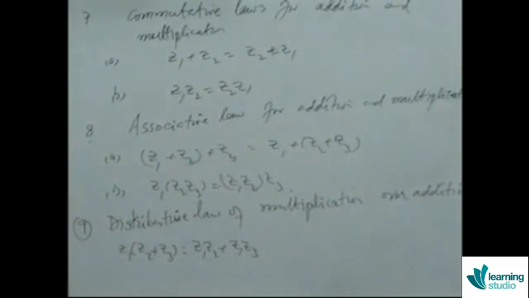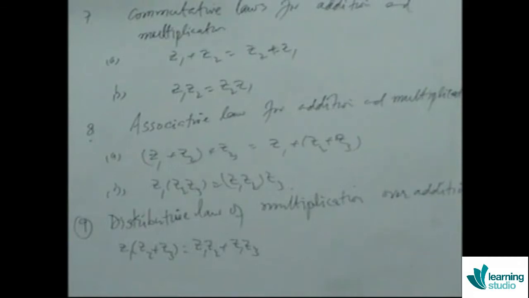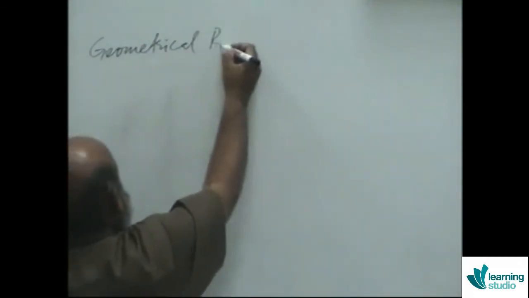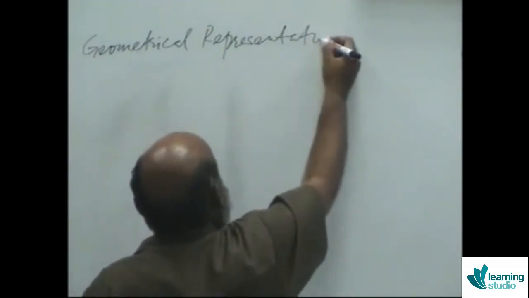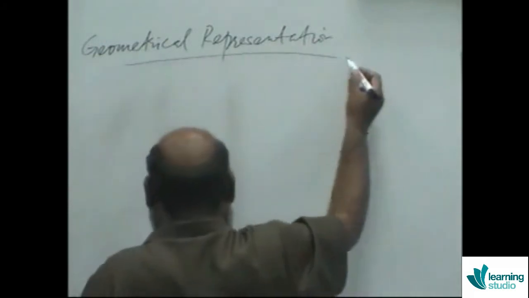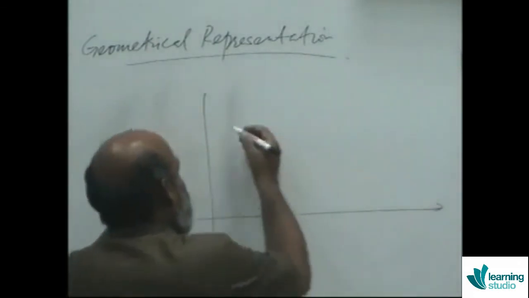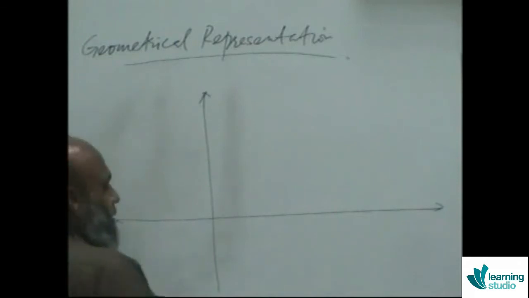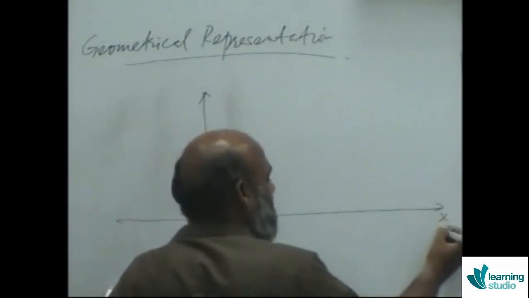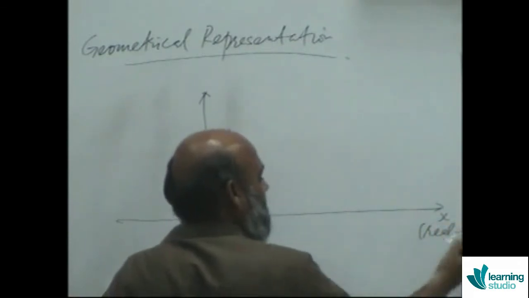Now we come to the geometrical representation of complex number. As said earlier, it needs a plane to be represented. This is x-axis, also called real axis.